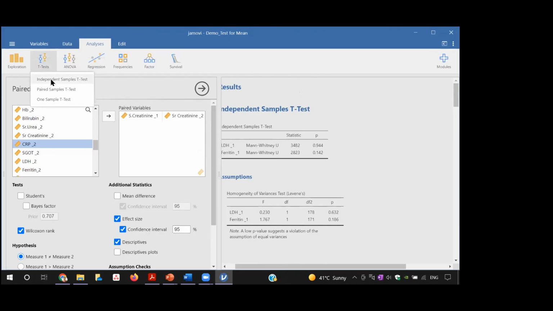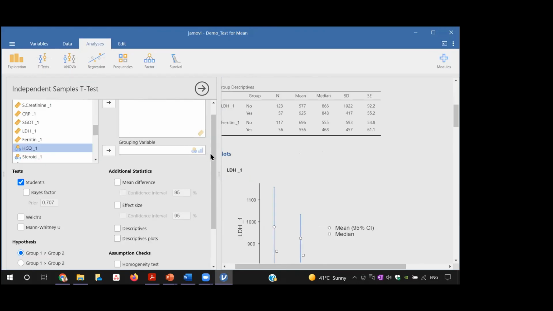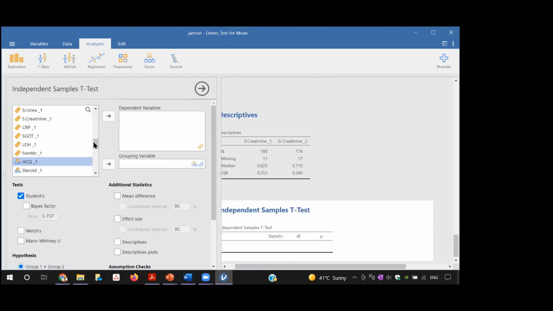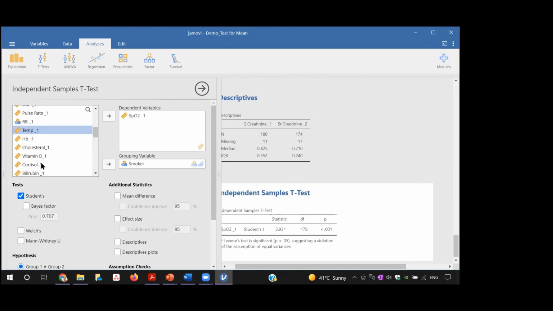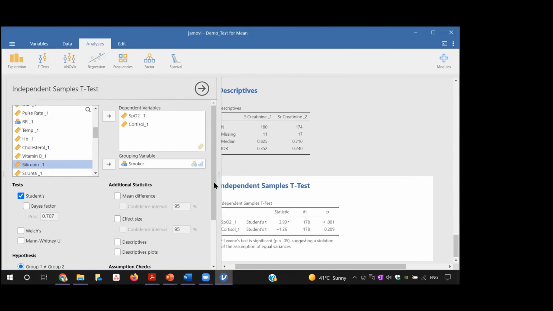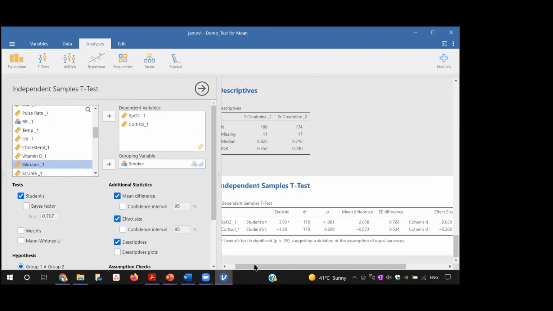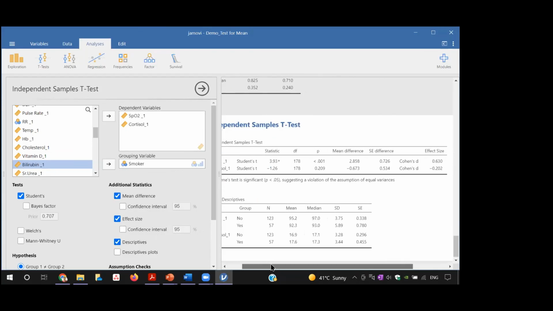I'll apply this to maybe an independent sample, like I did with smoking. So maybe smoker, and maybe we can see SpO2 was there, or cortisol. Just for example, I have taken 2, and maybe the mean difference, effect size, descriptives. Okay, so now you can see the Cohen's d.